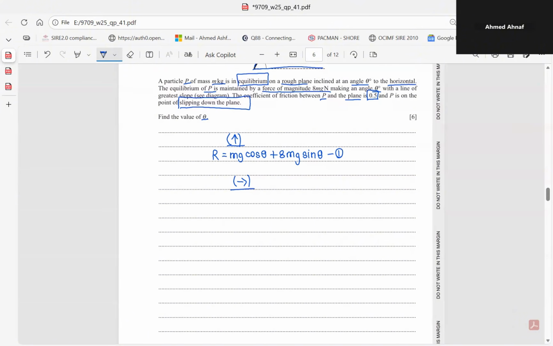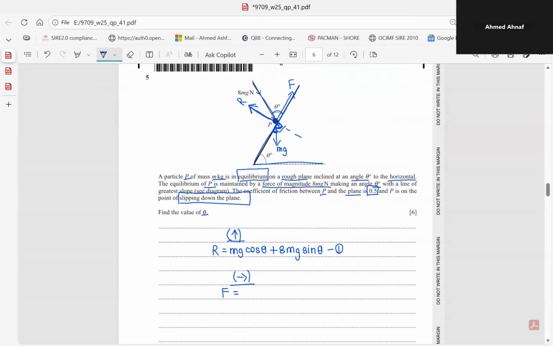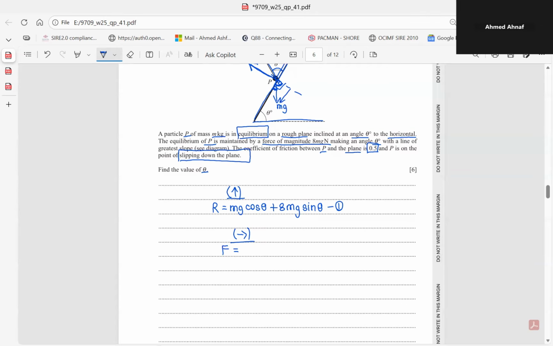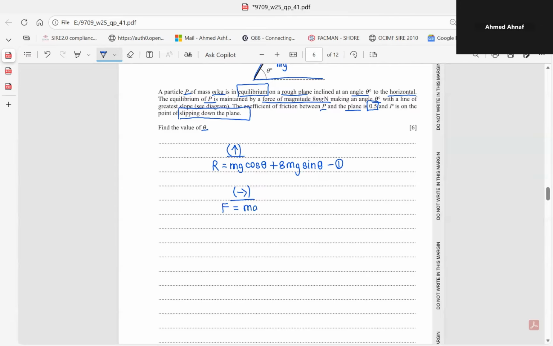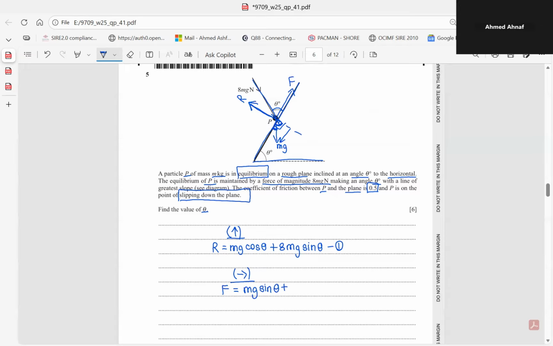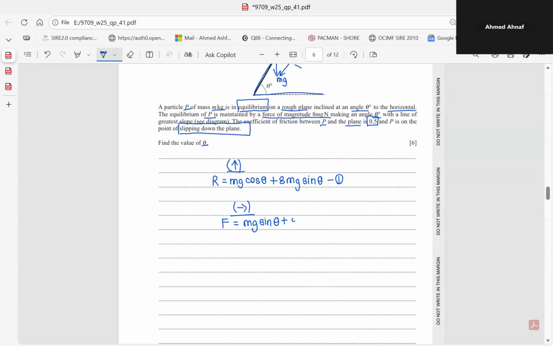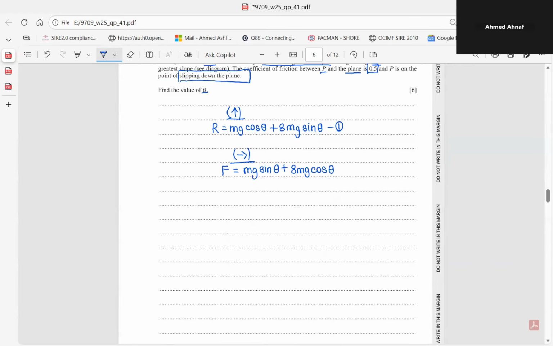So friction equals to mg. This one is just going to be mg sine theta plus, this one is going to be 8 mg cosine theta. 8 mg cosine theta. Okay.